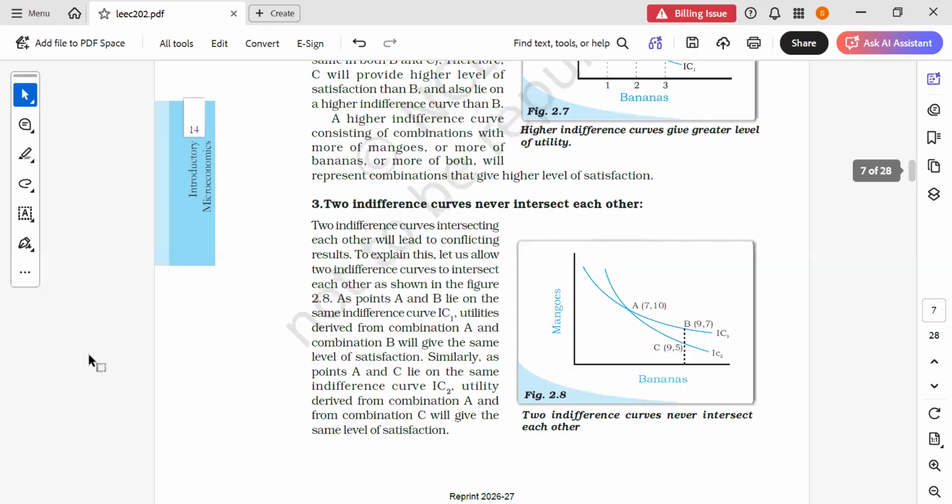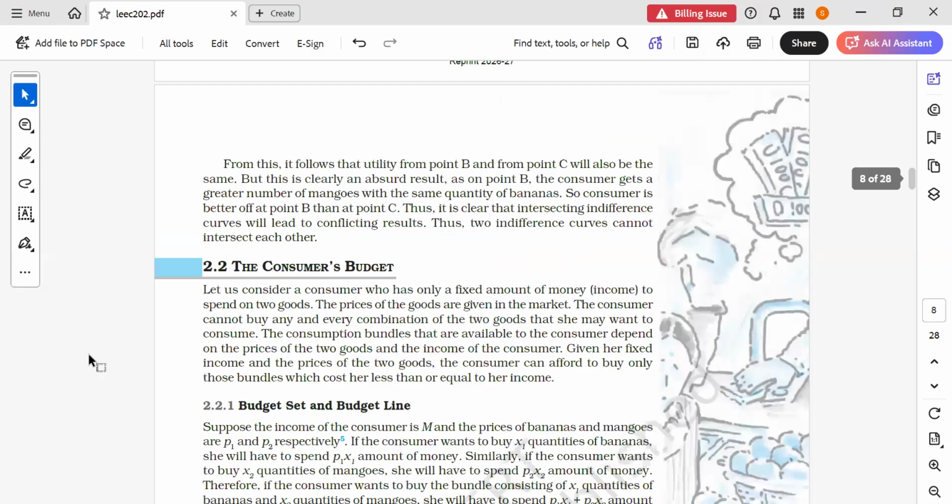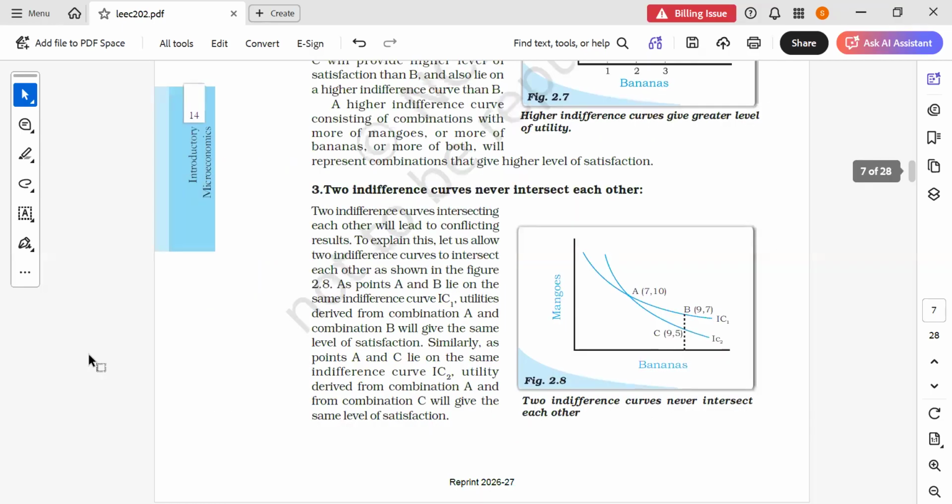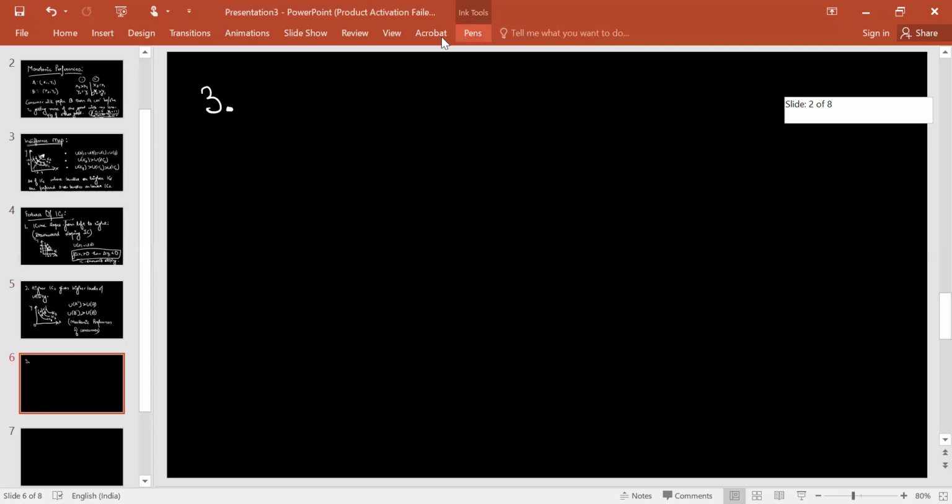Now, the third feature of the indifference curve is that indifference curves never intersect each other.